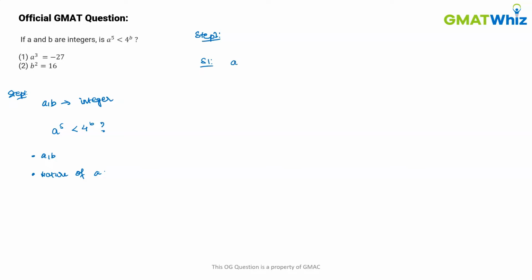Statement 1 tells me that a cube is equal to minus 27. Now how can we derive any inferences from this? Since the cube is negative, this would imply that the original value of a is also negative, right? So I can write a cube as minus 3 cube, and this gives me the value of a, which is minus 3.